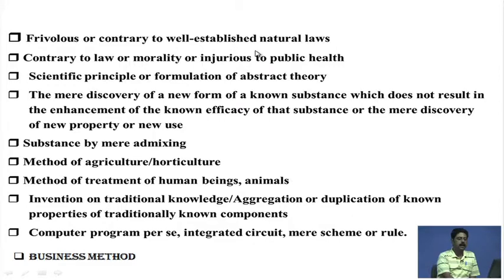Suppose you state that your invention is a system where electricity is flowing from low voltage to high voltage. Or you state that you have created a system by virtue of which, without the intervention of a third machine, water is flowing from low altitude to high altitude. That system is against the well established natural laws, so it will not be considered patentable.